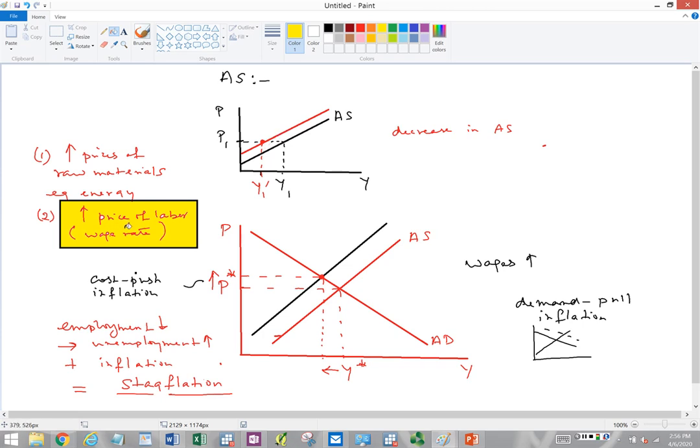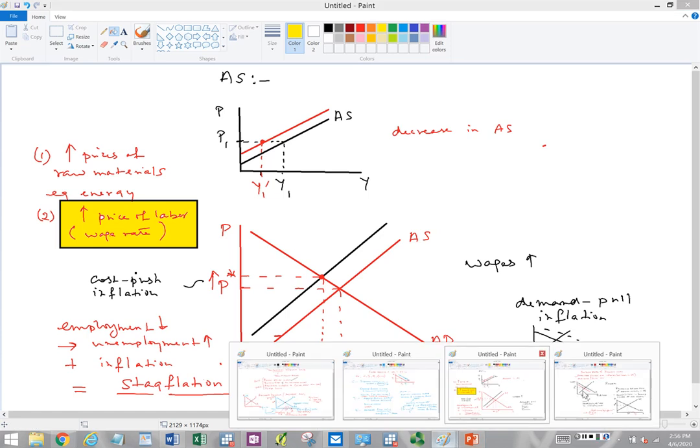But if the opposite were to happen, if wages were to fall, then the aggregate supply curve would shift to the right. There would be an increase in aggregate supply, correct? With labor becoming cheaper, profits would rise, and the firms would find it worthwhile to produce more goods and services than before, shifting the aggregate supply curve to the right, correct?